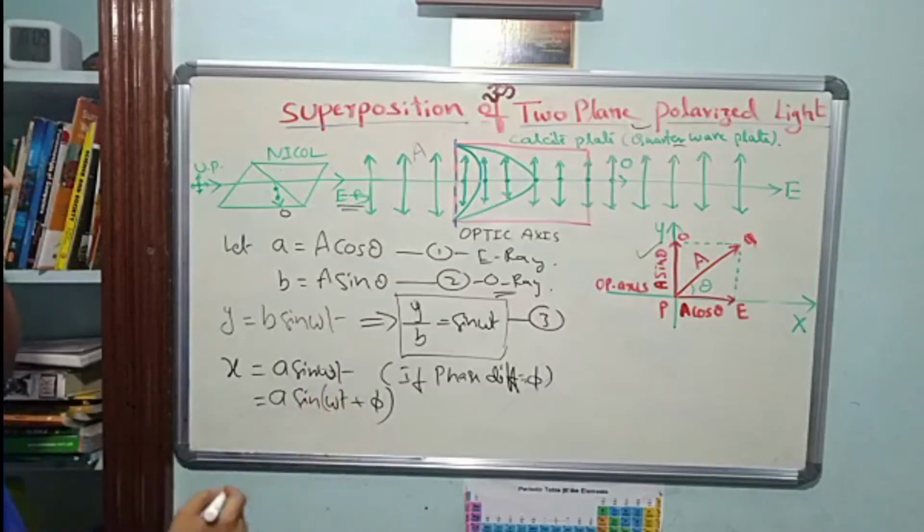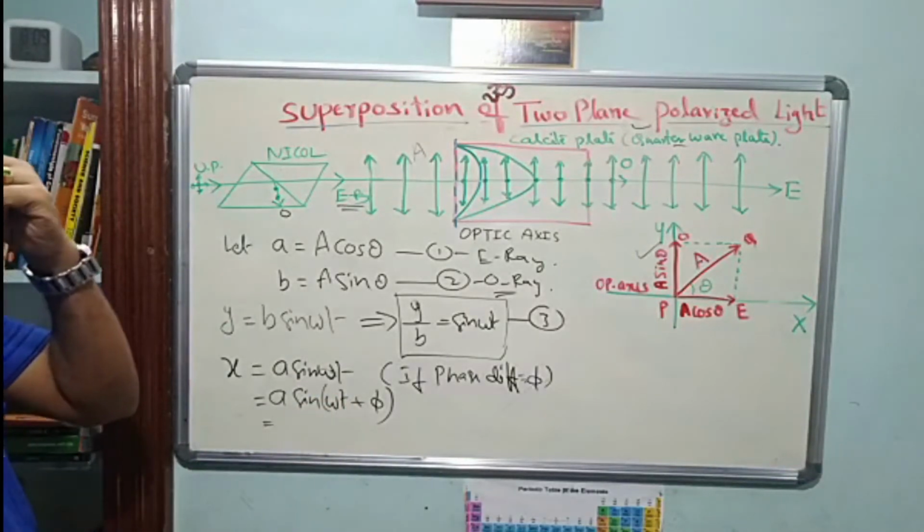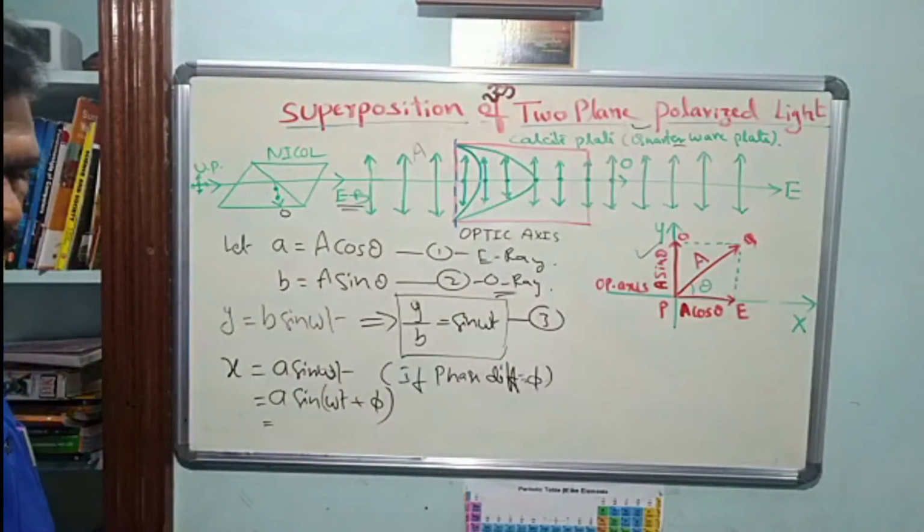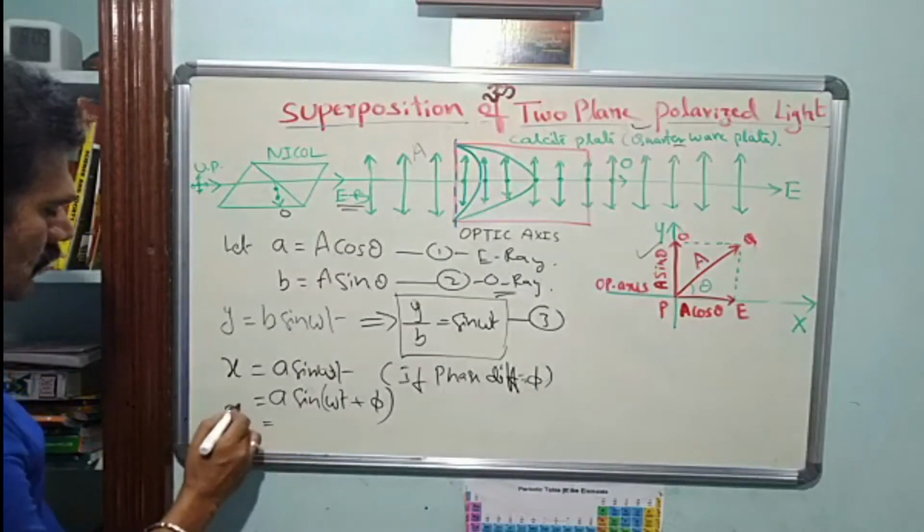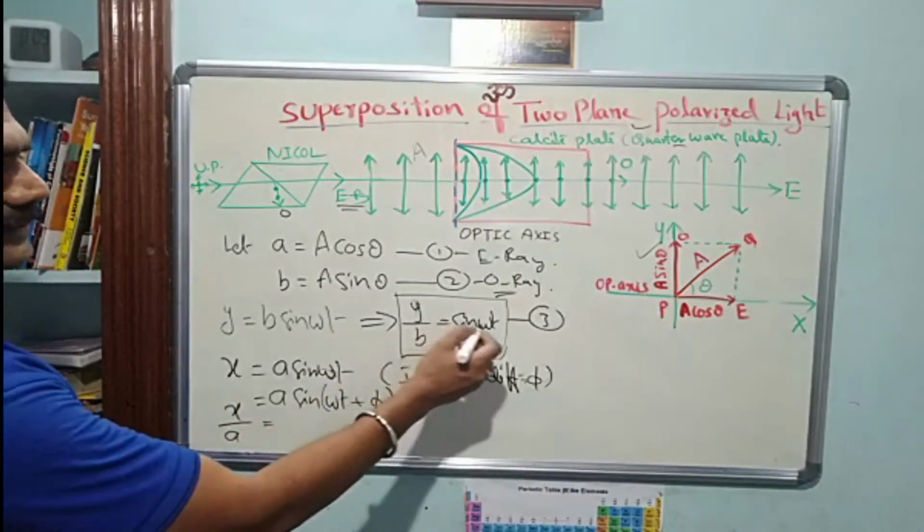Then how do you simplify this equation? I will write it as x by a, as per equation 3, and y by b.